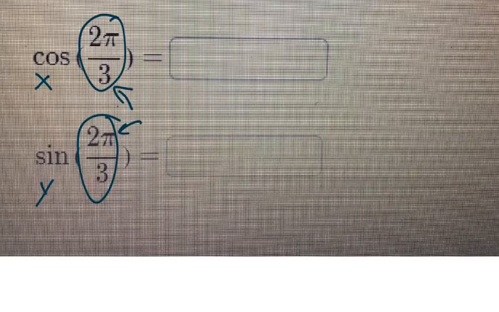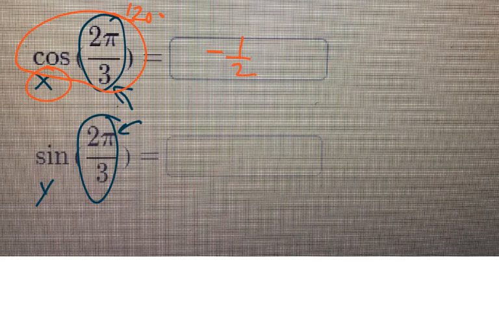Okay. So, when they ask for the cosine of 2 pi over 3, which is really 120 degrees, as you found out, that's our x. What was our x again? Negative 1/2. We're going to verify it after we're done, right? What was our y, which is the sine of 2 pi over 3? Wasn't it square root 3 over 2?